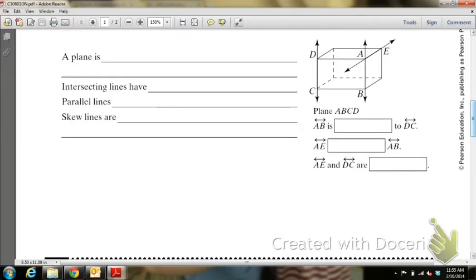Okay, now a plane is a flat surface that extends forever, forever in all directions.